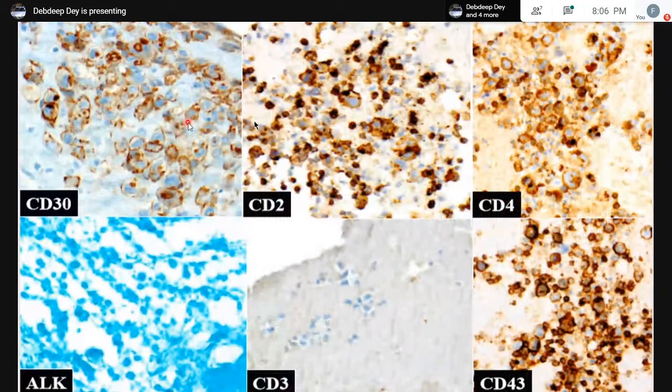And it is positive for CD30, CD2, CD4, CD43, but negative for CD3 and ALK1. So if you do your CD20 and CD3, both will be negative, and then you have to expand your T cell lymphoma panel to get to the diagnosis.